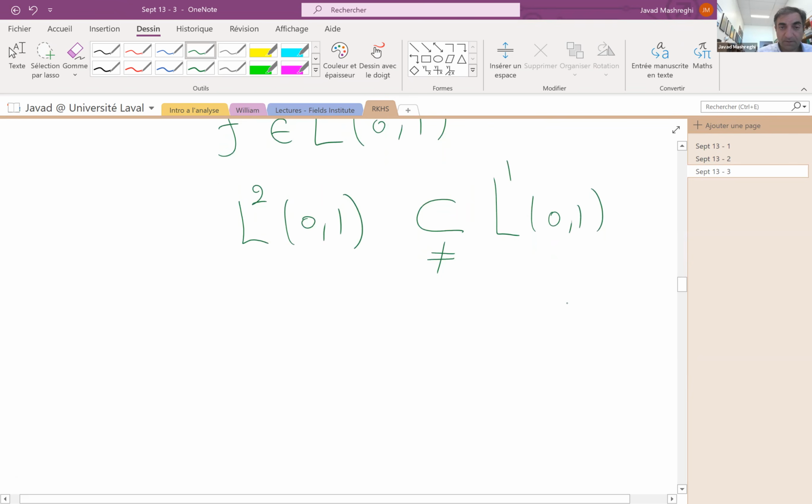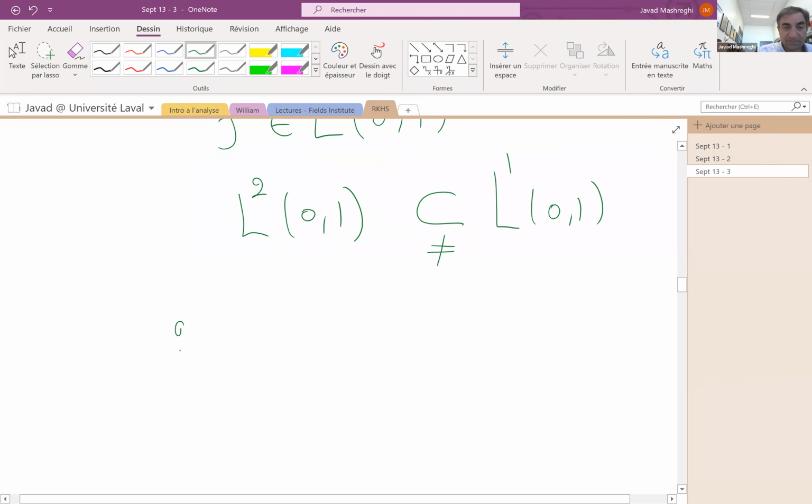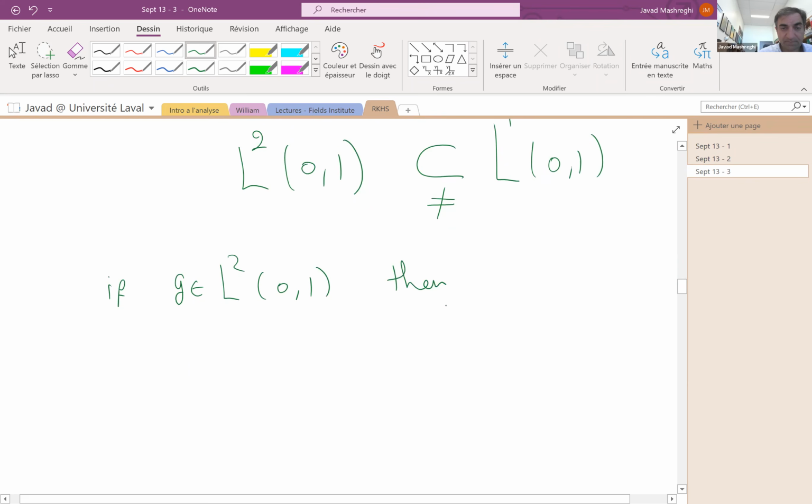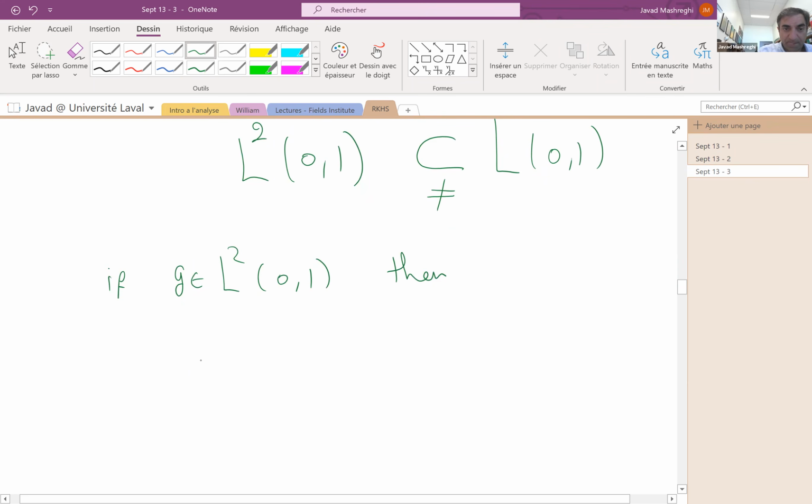Why? Because if g is in L2, then for the integral of the absolute value of g of t dt from 0 to 1, I apply the Cauchy-Schwarz inequality with one of my functions to be 1, the other to be g.